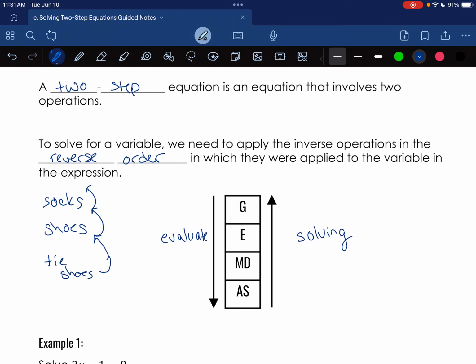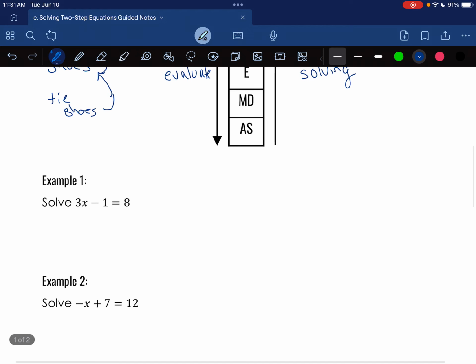So let's see what this looks like. If I have this equation here, 3x minus 1 equals 8, I have to first get rid of subtracting 1 before I can get rid of multiplying by 3. So I'm going to add 1 to both sides, and I'll get 3x is equal to 9.